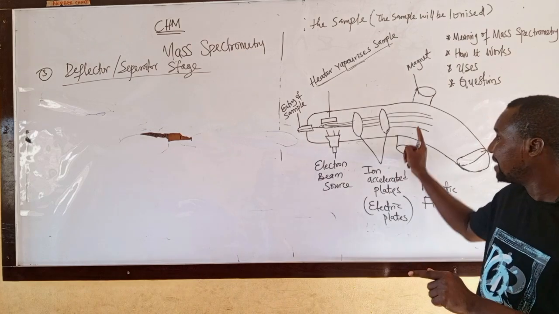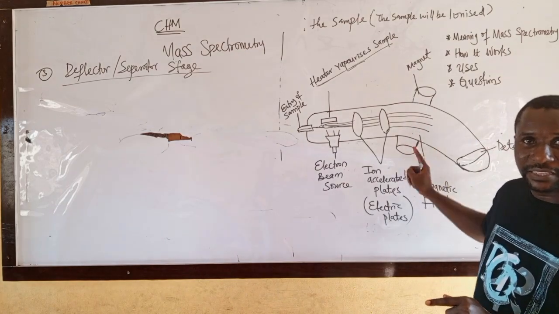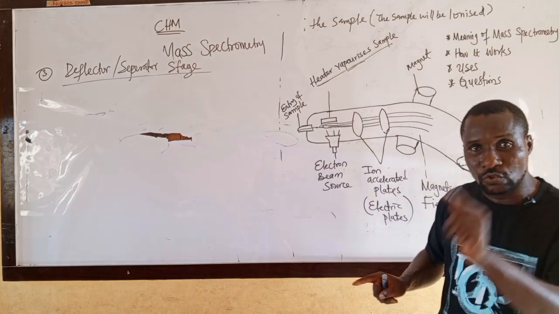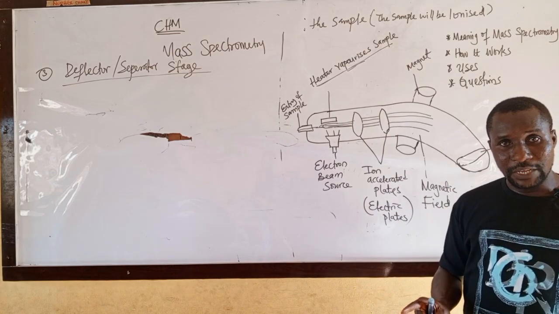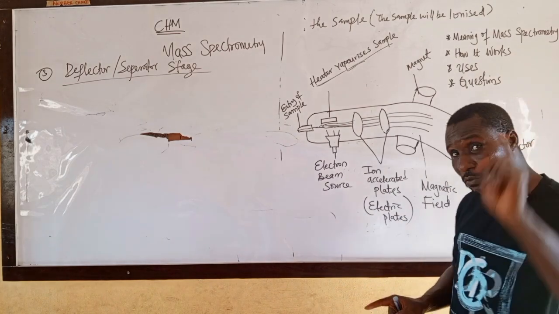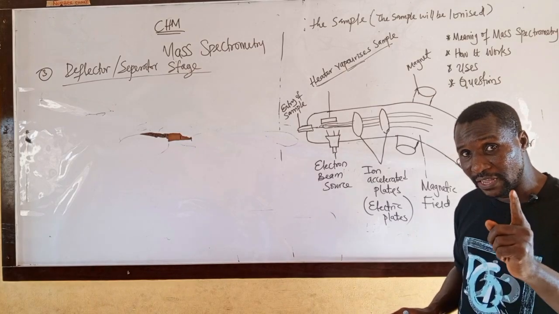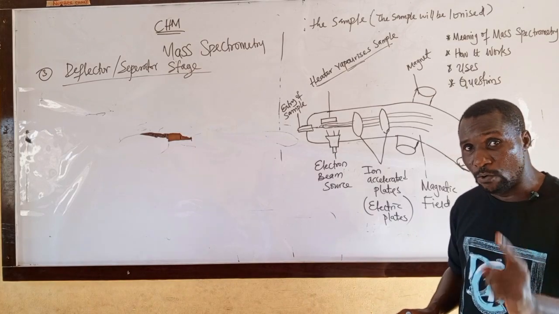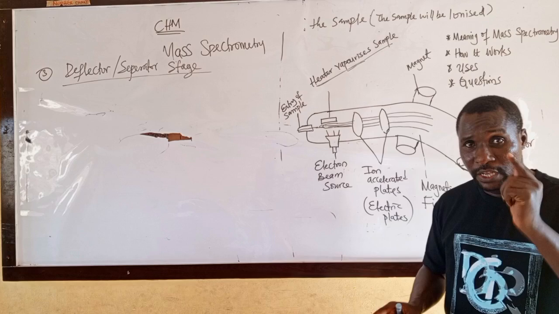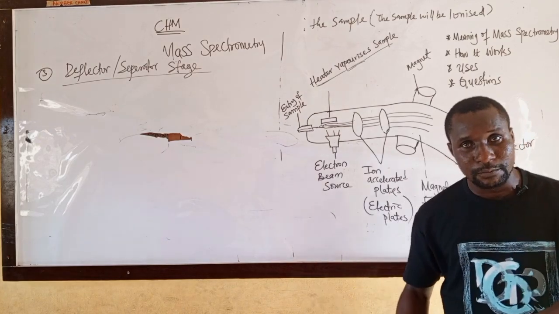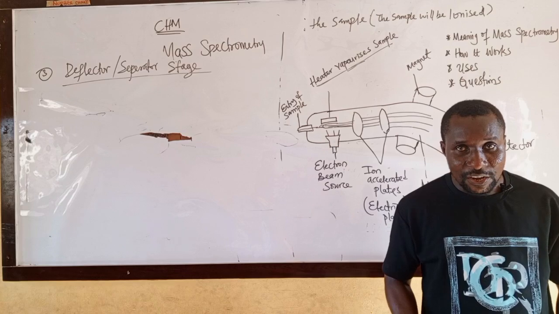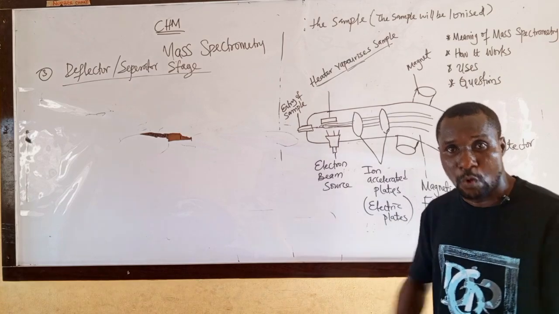I told you they are deflected based on their mass to charge ratio. Take note of that. They are deflected based on their what? Mass to charge ratio. The one that is heavy will be deflected less. The ion that is light will be deflected what?